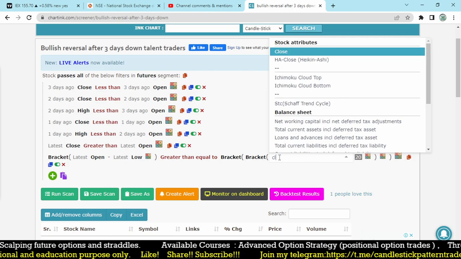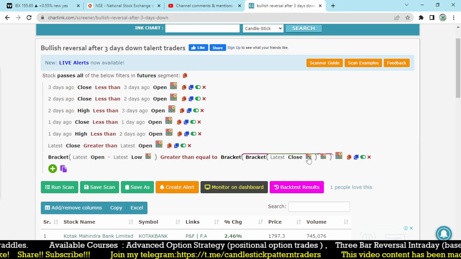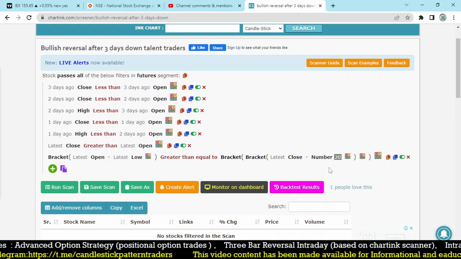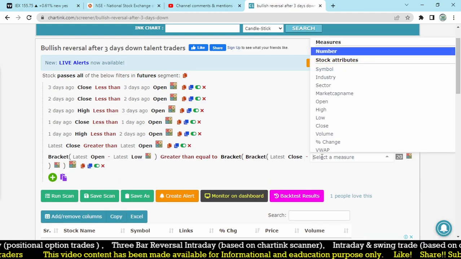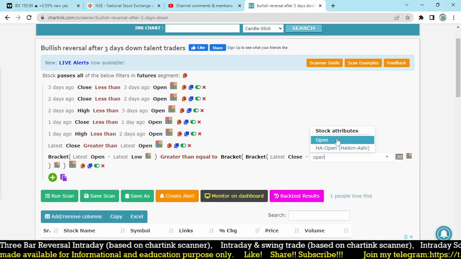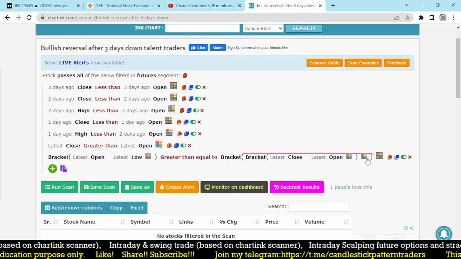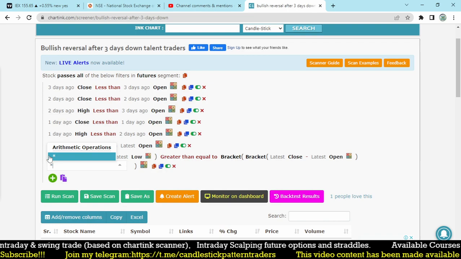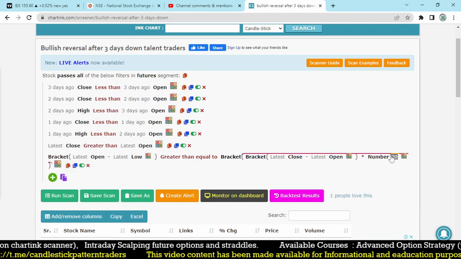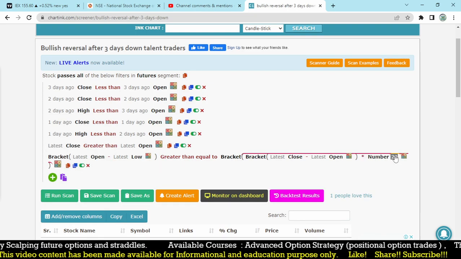Close minus open I've already created. If you want to create the scanner like this, you can follow this video and create it from your end. And I'm going to multiply it by 3.5.